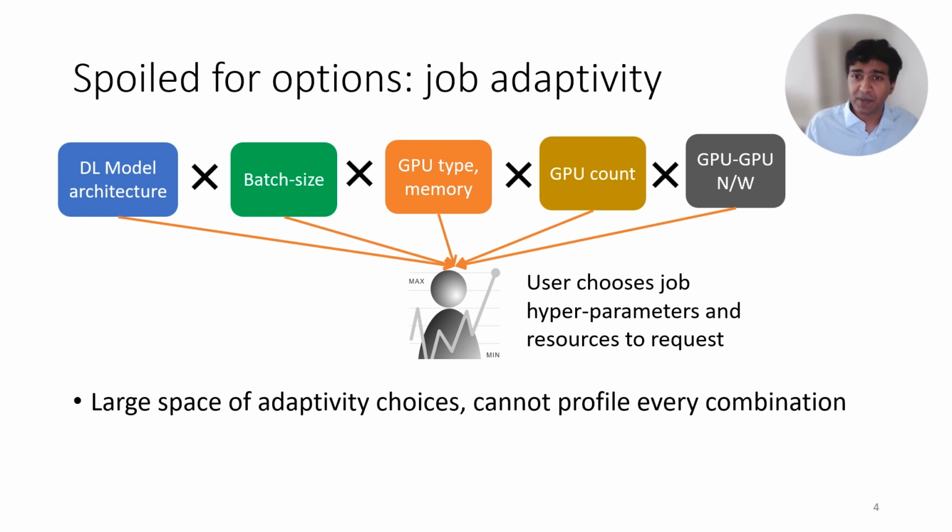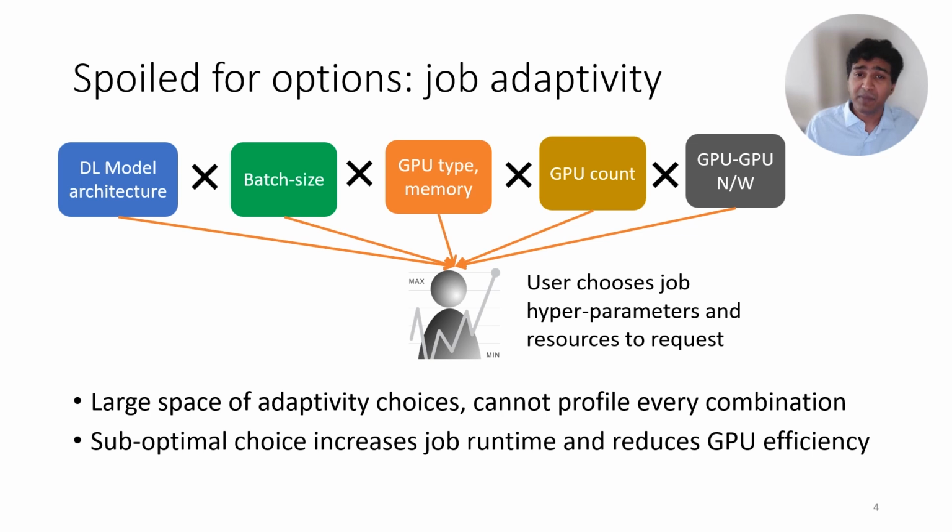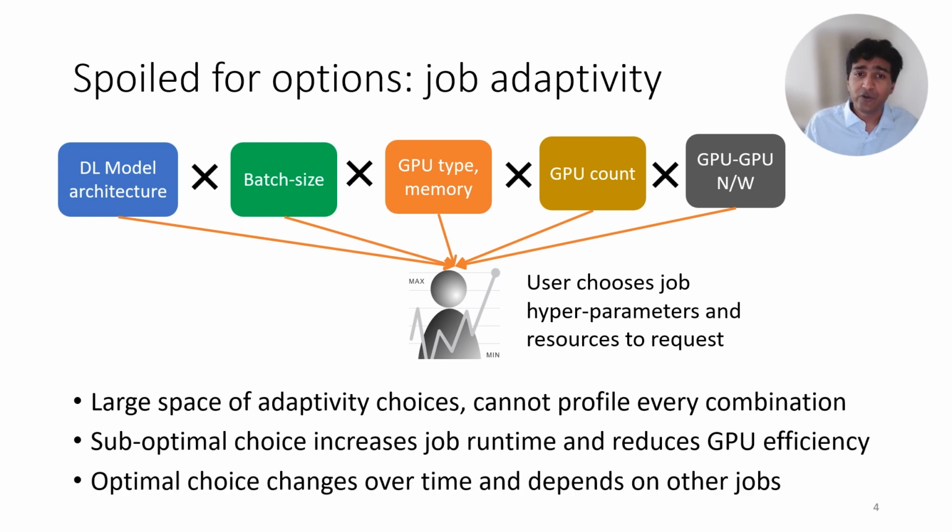So users may only spend some limited time on profiling a few combinations and may end up making a suboptimal choice. As a result, the jobs could run longer and use cluster resources inefficiently. Finally, even if users chose optimally, the optimal choice changes over time as model training progresses, and it may not be possible to satisfy every job's optimal resource requests because of limited cluster resources, leading to worse outcomes for some jobs.